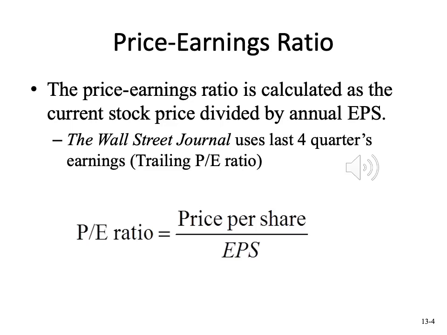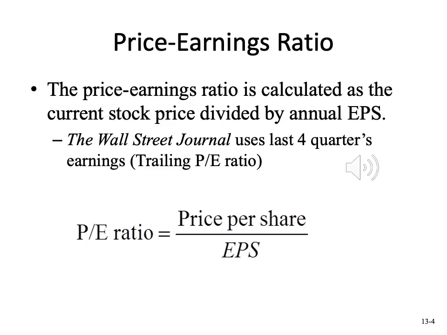It's called trailing P/E ratio because you use the last year's earnings numbers instead of the future 4 quarter estimated numbers. So basically you calculate the average of the last 4 quarters' earnings per share and use that number in the trailing P/E ratio calculation.